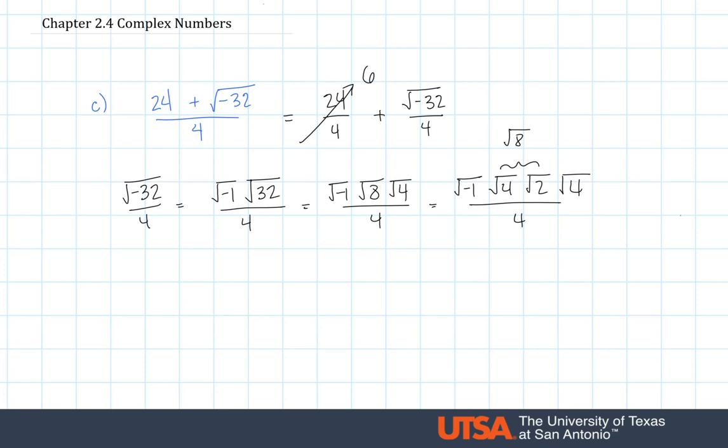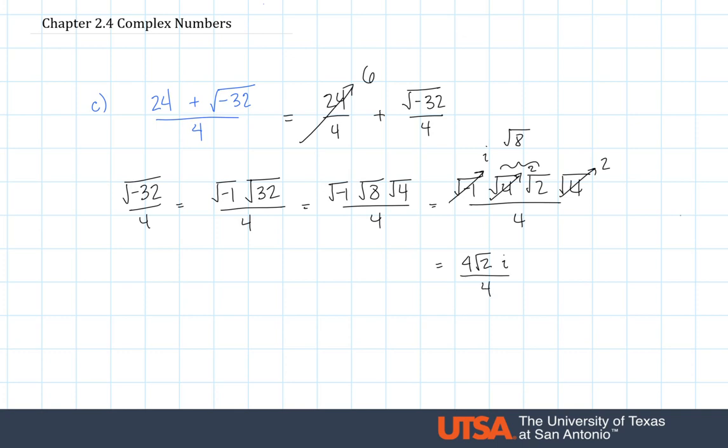We know that the square root of 4 is 2. So we have a 2 here, a 2 here, and then we know that this is i. So all this just becomes 2 times the square root of 2 times i, so 4 times the square root of 2 times i, all of this over 4.